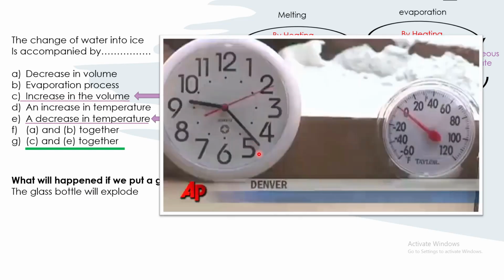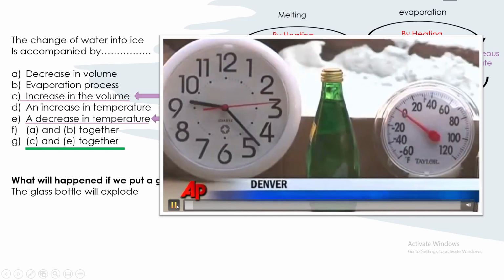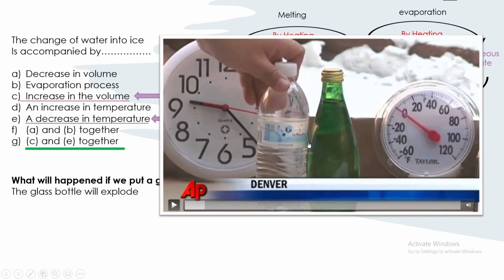Let's take a look at this video right here so that we make things more clear. We have two bottles of water. This bottle is plastic, but this bottle is a glass bottle, and the temperature right here is 0 degrees. So it is like the freezer, as if we are exactly freezing the water, and we want to note what will happen to the level of the water right here.